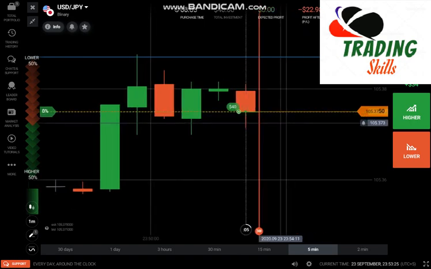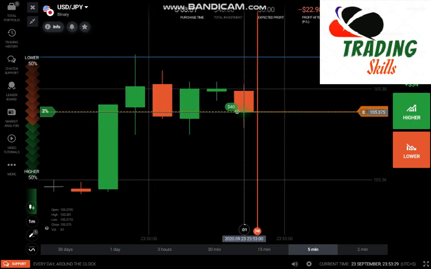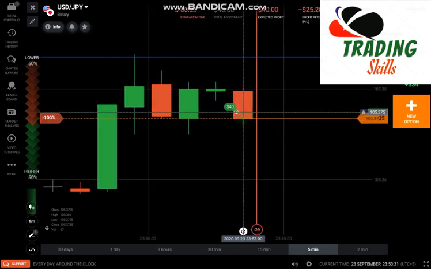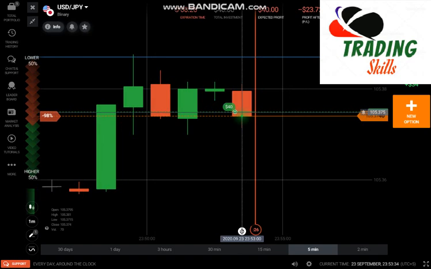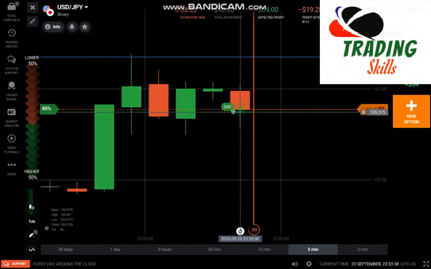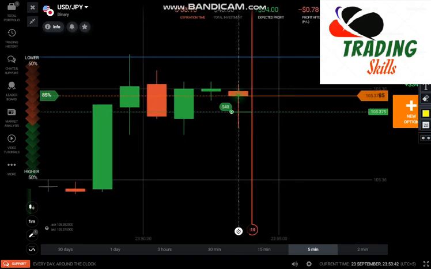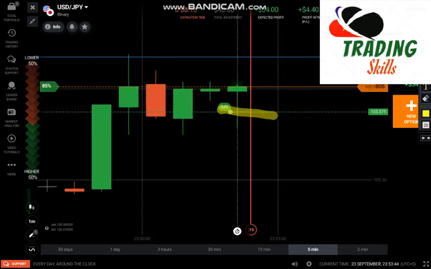The candle will close as a bearish, but I will win this trade because of my entry point. I know it will close as a bearish, but my entry point is very good, and I will definitely win this trade.